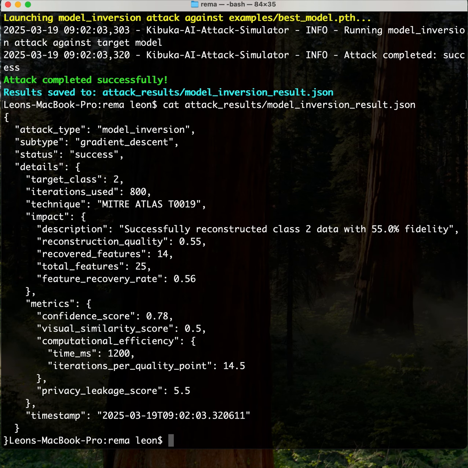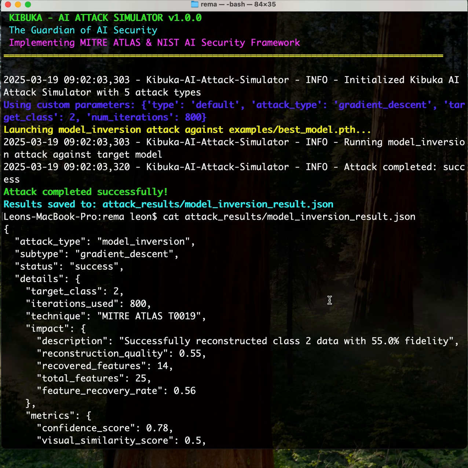So this attack has reconstructed private training data with 51% fidelity. Imagine if this was patient data or financial records, the privacy leakage score of 5.1 indicates a moderate to high risk.